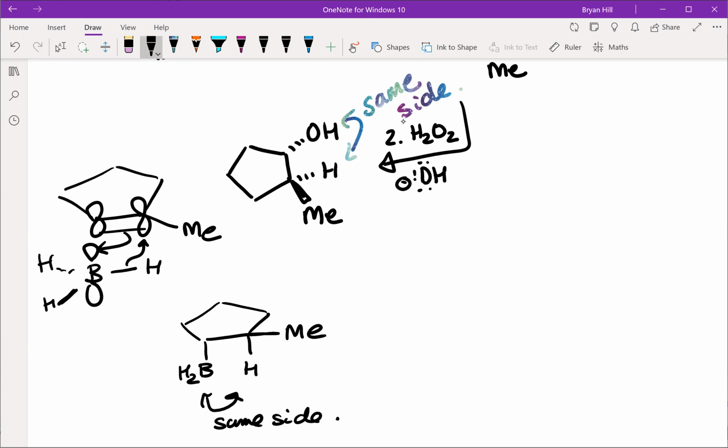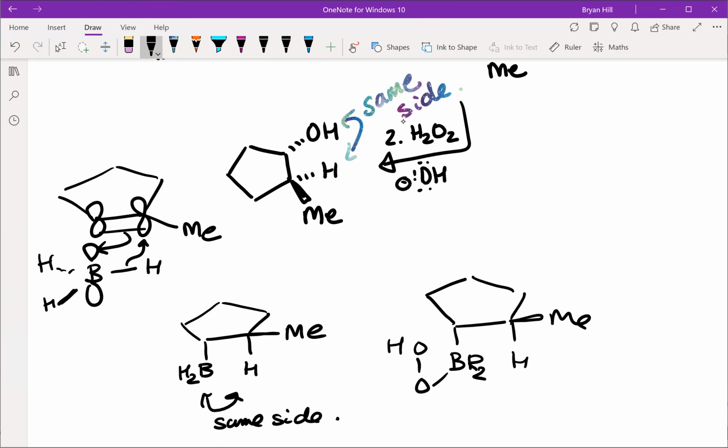And when it comes to the migration reaction, so for the oxidation, methyl H. And we'll call this R2. When this attacks, it's down.